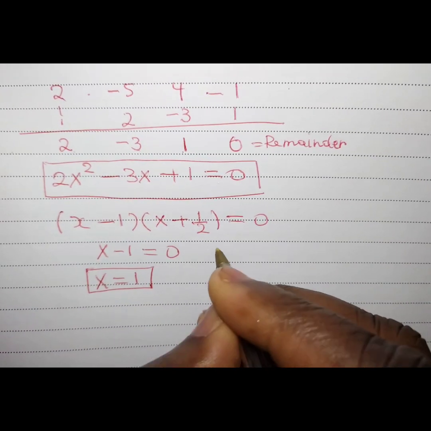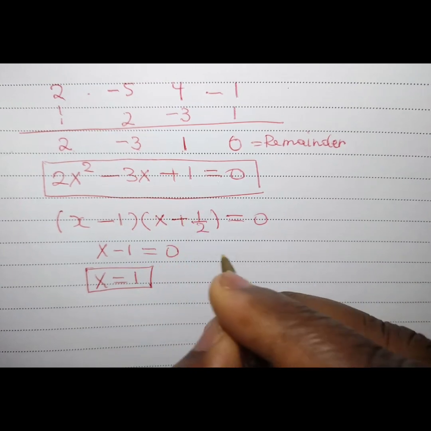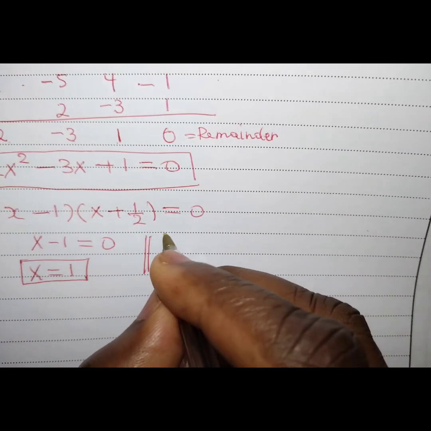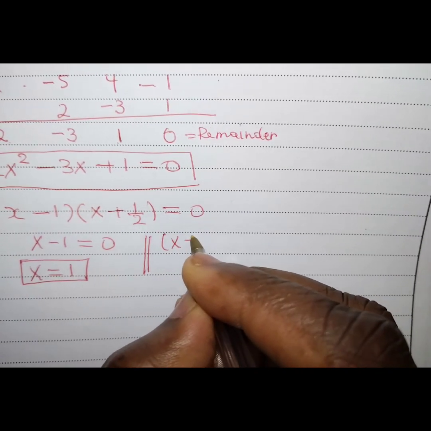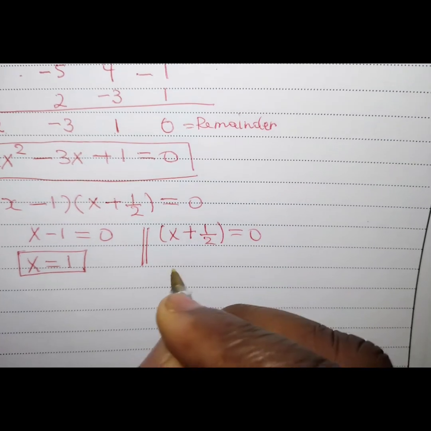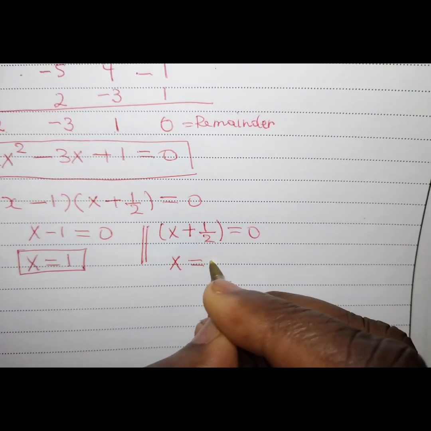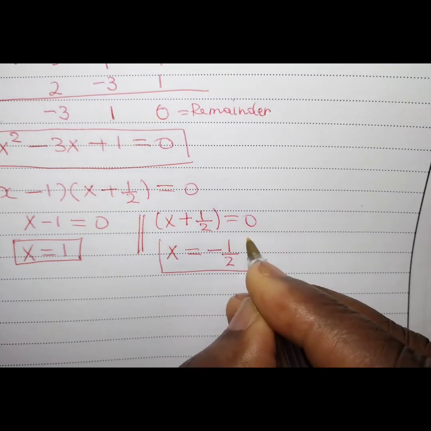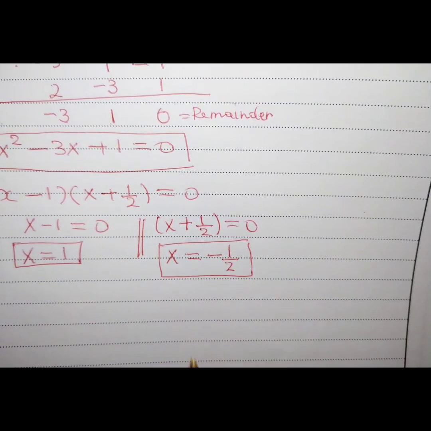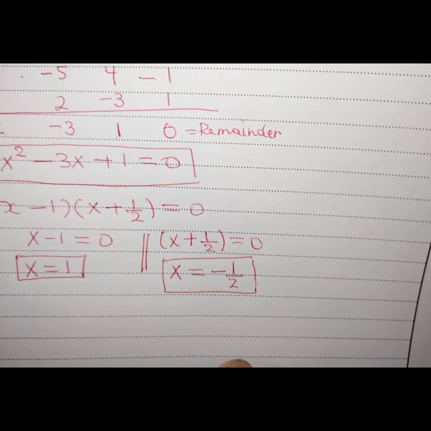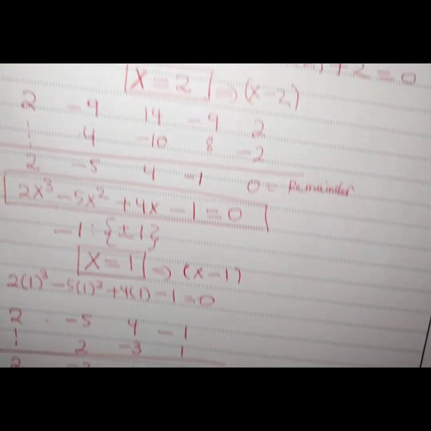And the last root, we're going to find it by taking the bracket here. We're going to take x plus 1 all over 2 equals 0. So x will be equal to minus 1 over 2. Ladies and gentlemen, we've managed to find all the 4 roots of the equation that we started with here.